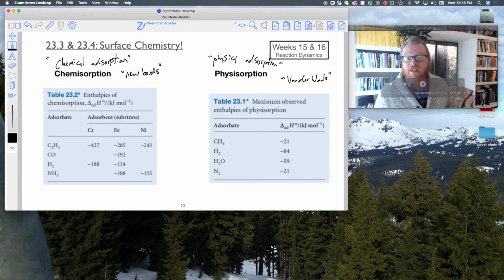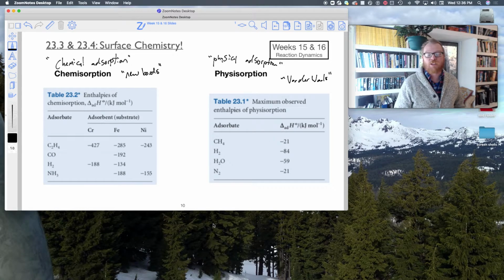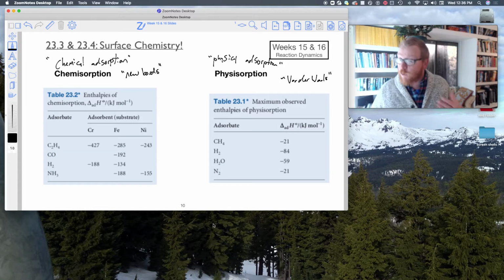And also, typically in these enthalpies of physisorption, the substrate or the surface isn't as important. And you notice here there's no indication of what the substrate is. The substrate's very important for chemisorption because of the creation of these new chemical bonds, right?